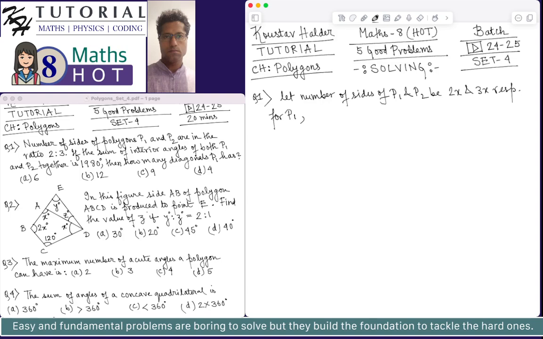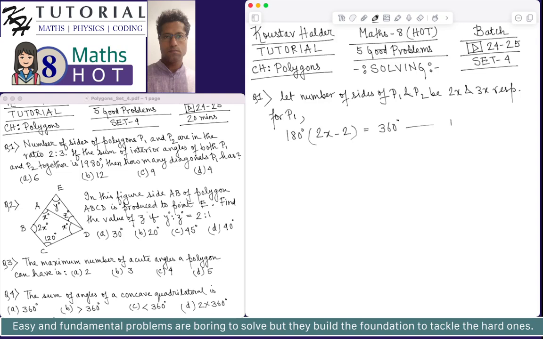So for the polygon P1, since 2x and 3x, as per our assumption based on the ratio, are the number of sides of P1 and P2, the sum of interior angles of the polygon P1 will be 180 degrees multiplied by 2x minus 2. This should be equal to 360 degrees.